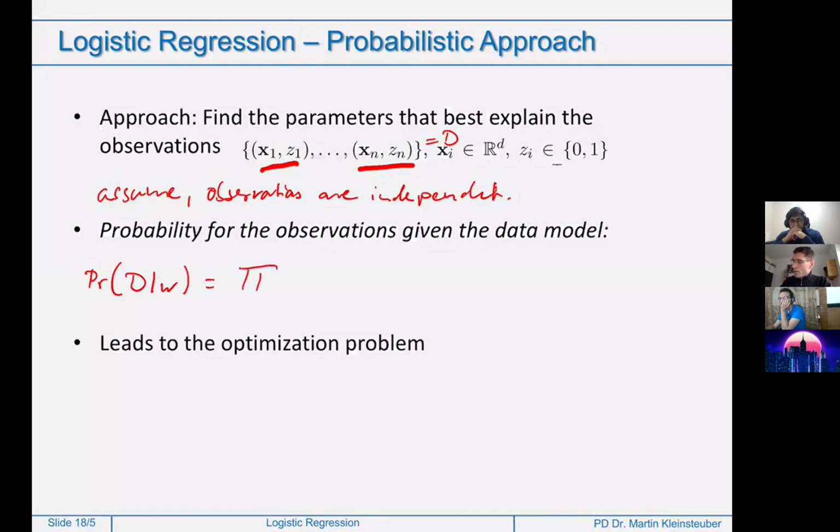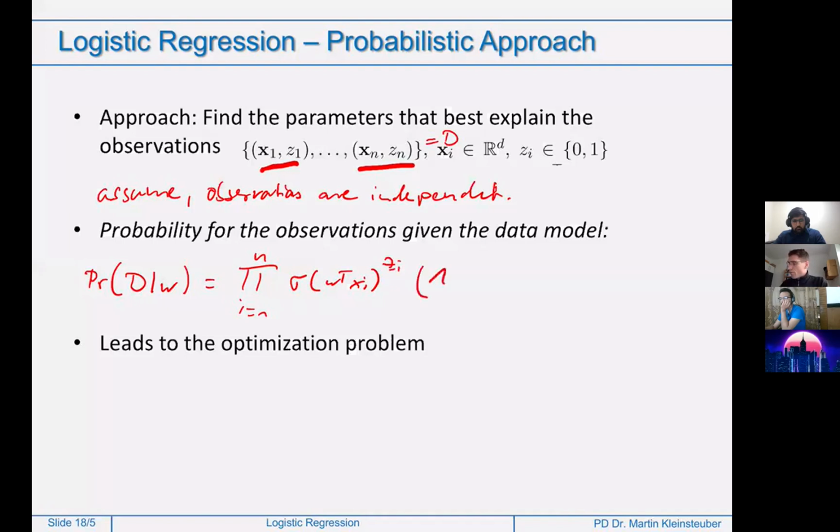so you have your product, i from 1 to n. And well, you have the number of death. This is this probability of death, sigma W transpose xi, to the power of zi, right? Zi is either 1 or 0.